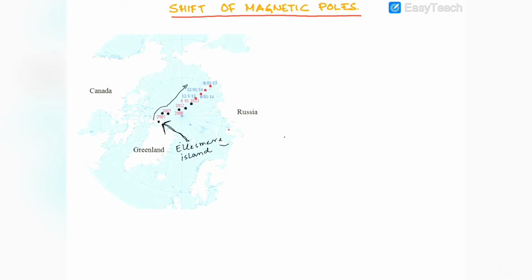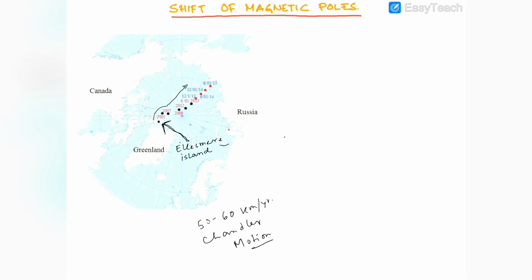Okay. Scientists have noticed that the speed of this motion of the magnetic north pole is somewhere around 50 to 60 kilometers per year, and this motion is called Chandler motion.